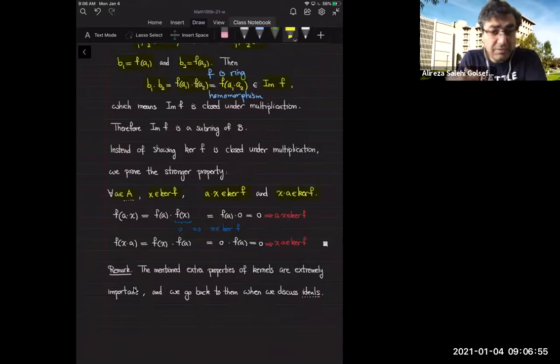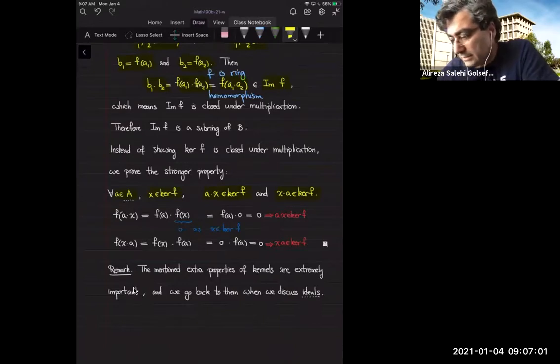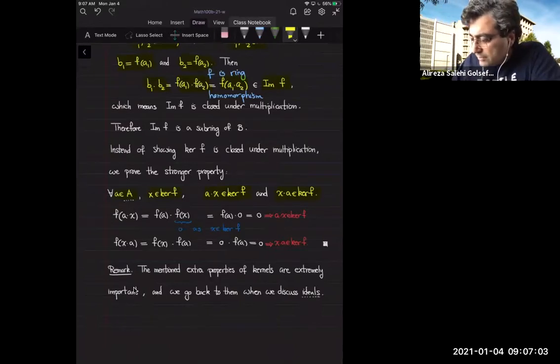AX or XA, both of them will be inside the kernel of F. Okay, what does that mean, that it is inside the kernel? This is true by definition of kernel. This is true precisely when, if and only if, value of F at this point is 0.